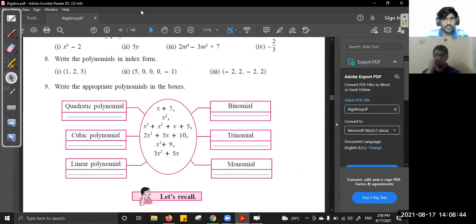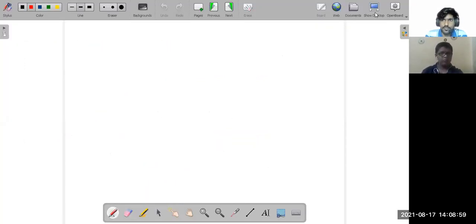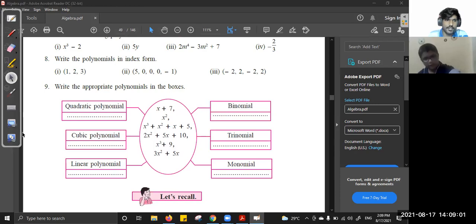Eighth one you did. Remaining two. So you have to write it in the index form. And this one is remaining, right? Ninth one, the activity. We'll do the activity.